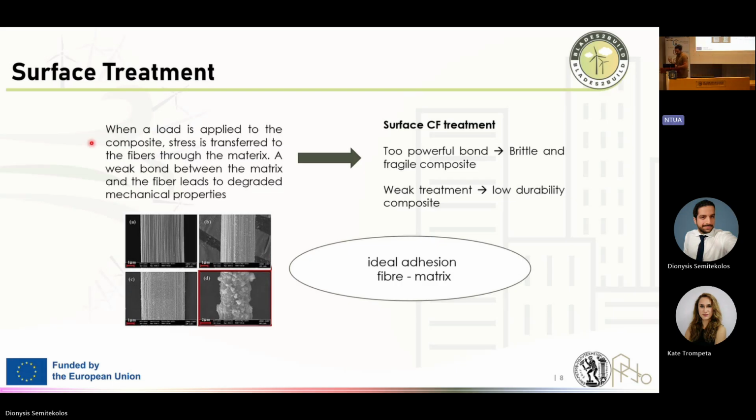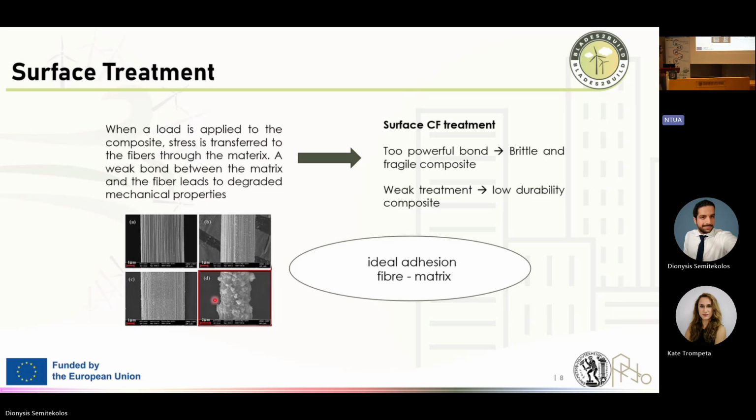These stresses are transferred through the matrix to the fibers, and we need this strong bond between the fibers and the matrix in order to be able to effectively transfer these loads inside the fibers and not fail in the interface. Okay, this is why we said we need the surface treatment.